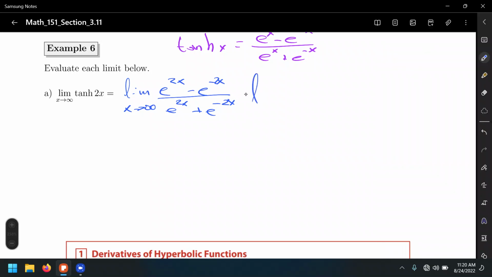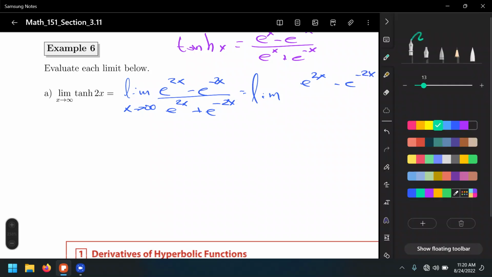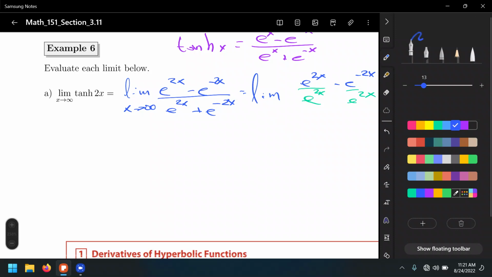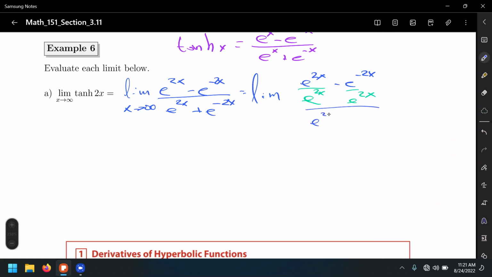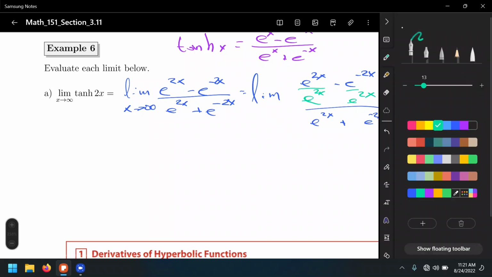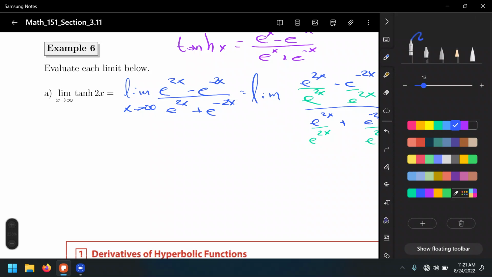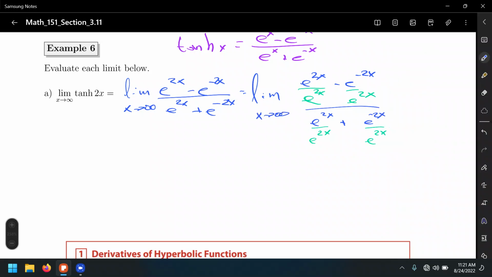So that's the limit, e to the 2x minus e to the negative 2x, over e to the 2x, the whole thing over e to the 2x plus e to the negative 2x, over e to the 2x, as x approaches infinity.